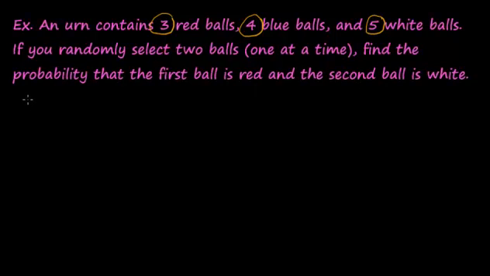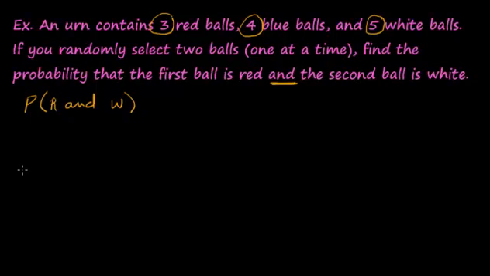Okay, so we could write that in sort of a shorthand. Probability of red and white. Now it doesn't say or, it says and. So we know this is telling us we're going to use the multiplication rule. Well, let's look again at our tree diagram, see if we can construct one.